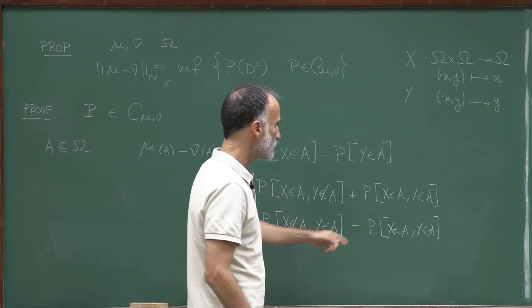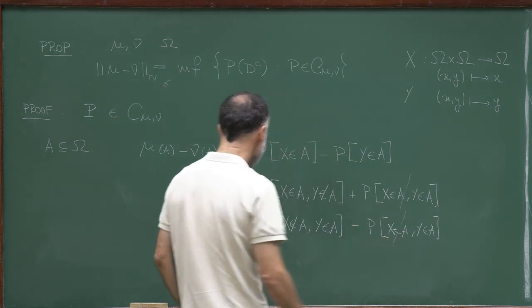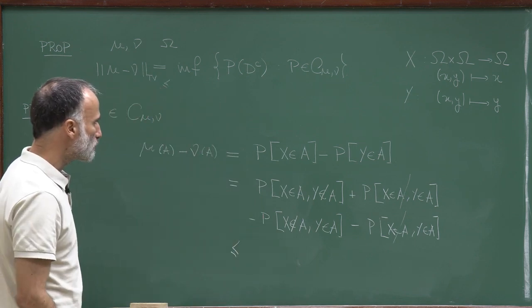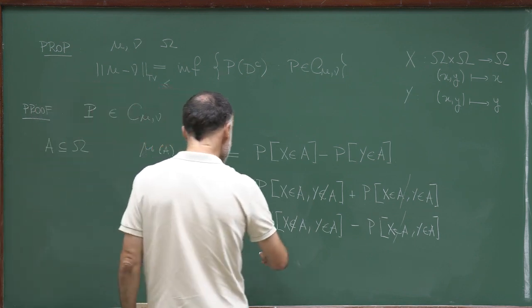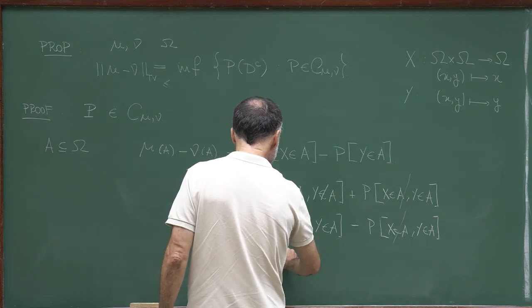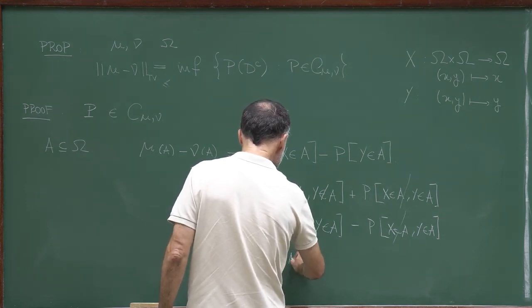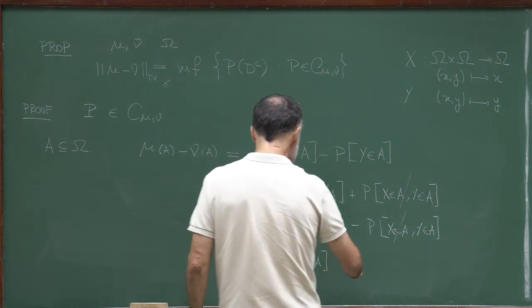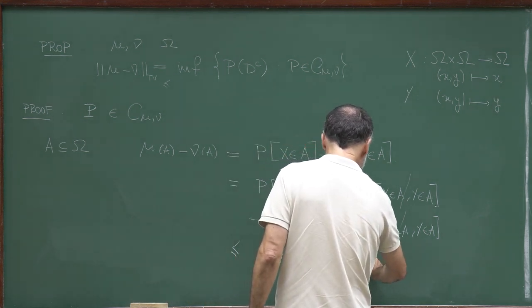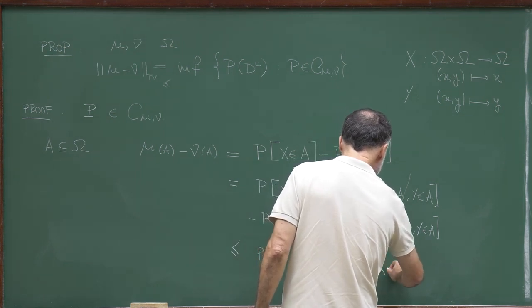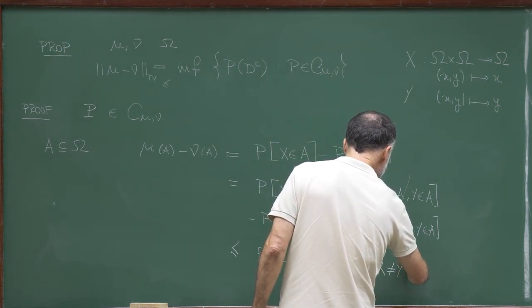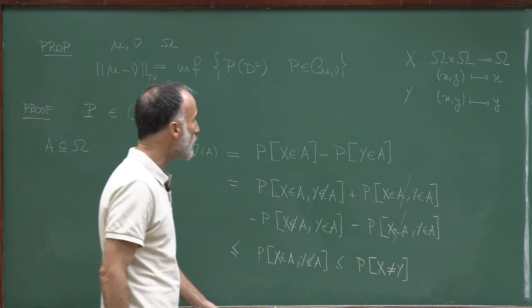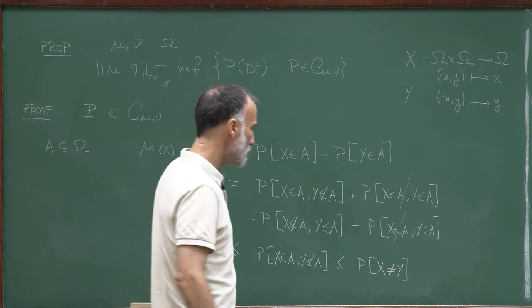Now you see that these two terms cancel, and I can bound this expression by the probability. Well, since this is negative, this is bounded by the probability that x is in A and y is not in A. And this is bounded by the probability that x is different from y. But the set at which x is different from y is exactly the complement of the diagonal.